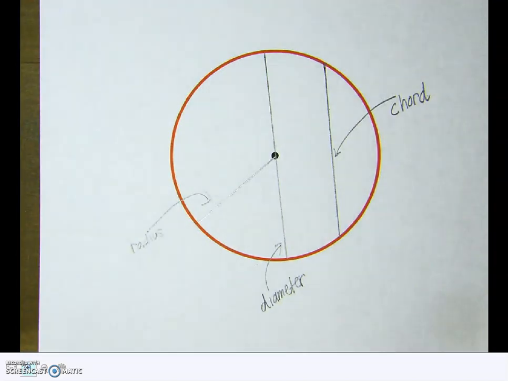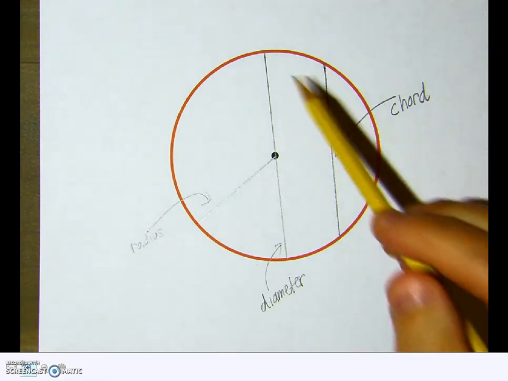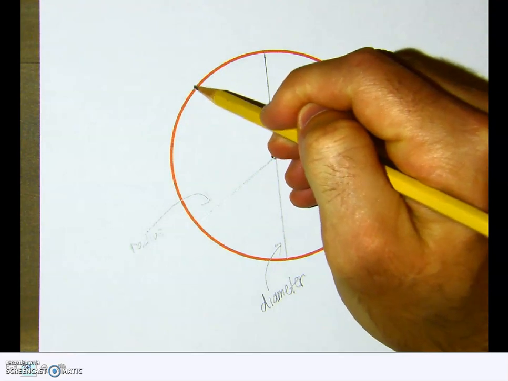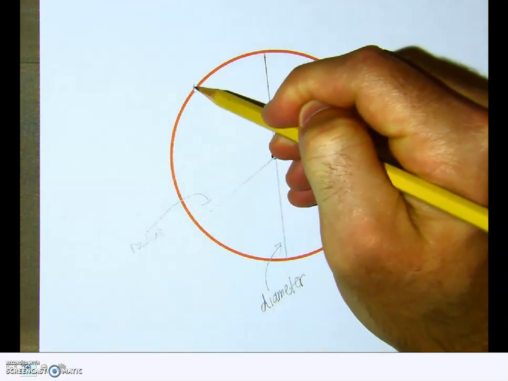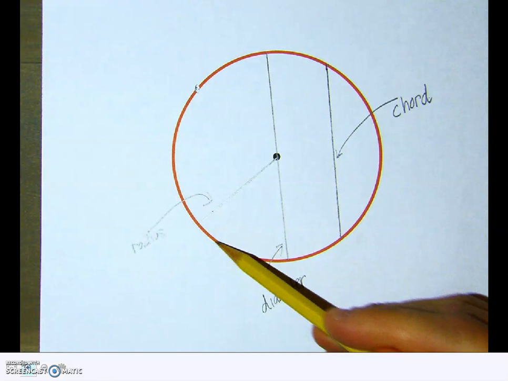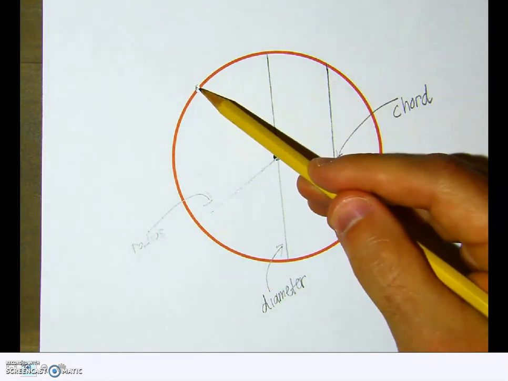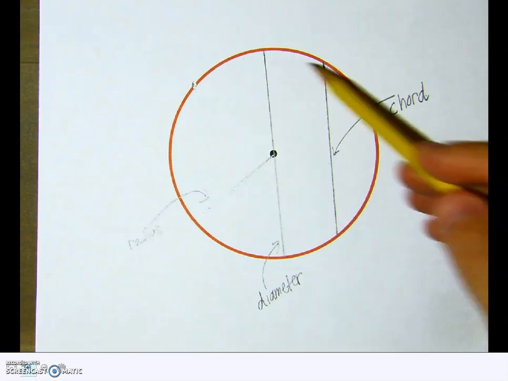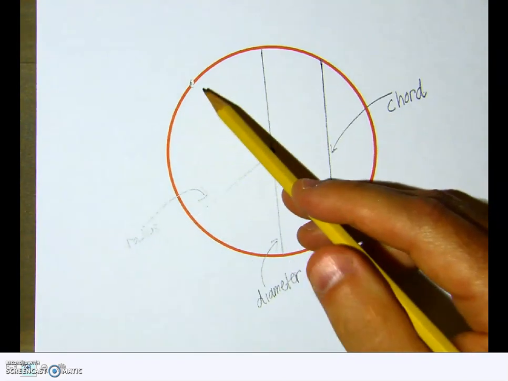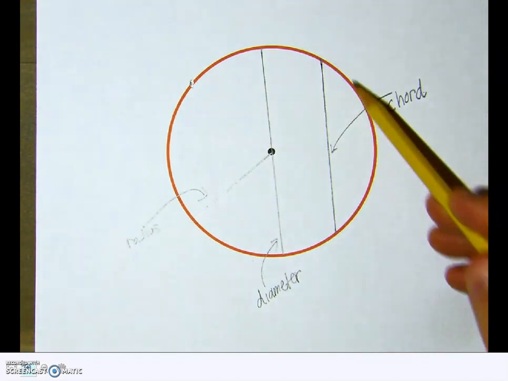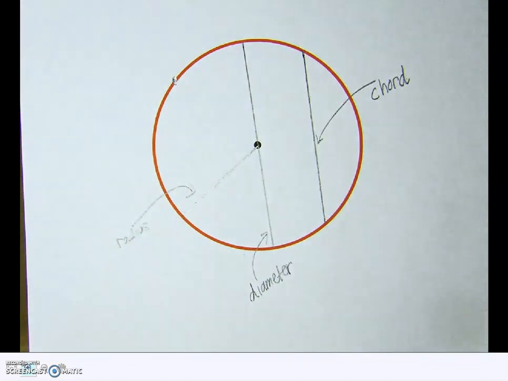The last vocabulary word is going to describe the distance around the circle. So if we took some scissors, and let's say that what you see in red right here were a rope. If I were to cut it right there and just kind of stretch it out so it looked like a segment, that distance around the circle has a name.